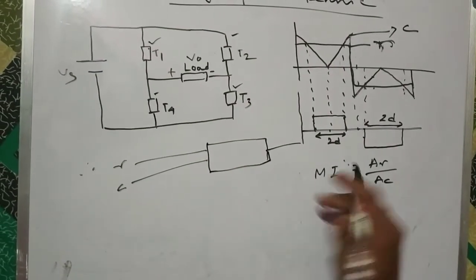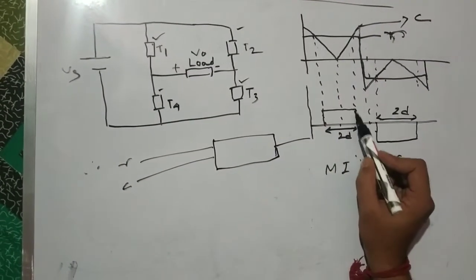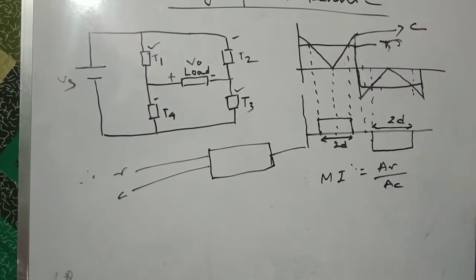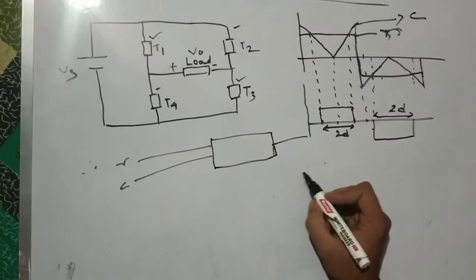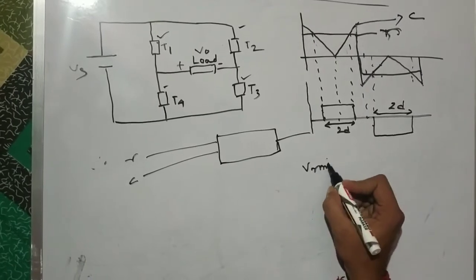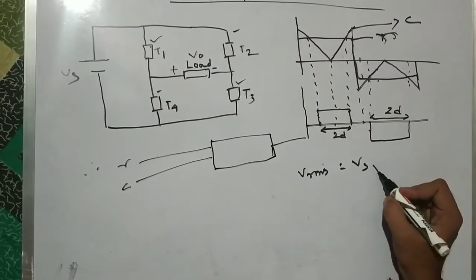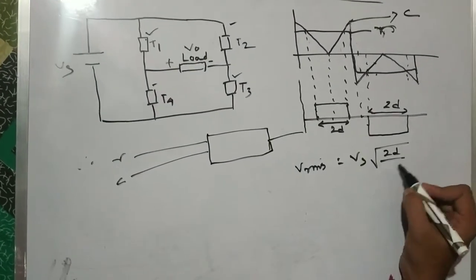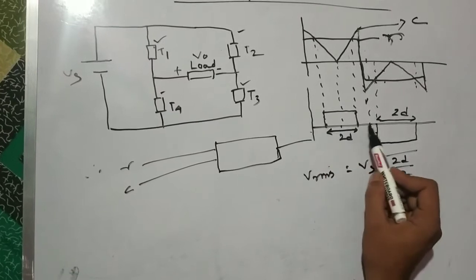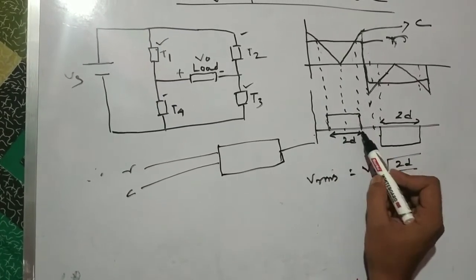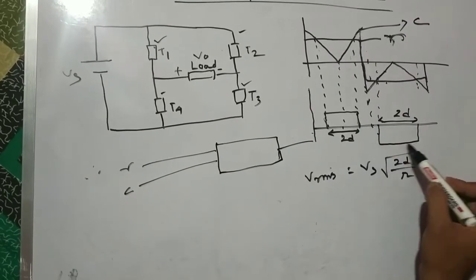Now our output voltage is like this. If we analyze this, the RMS output voltage is Vrms equal to Vs root over 2D by pi, if the width is 2D. For every half cycle we have only one pulse, and for the negative half cycle also one pulse.